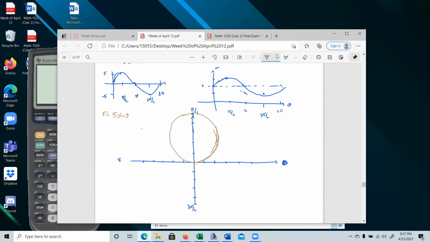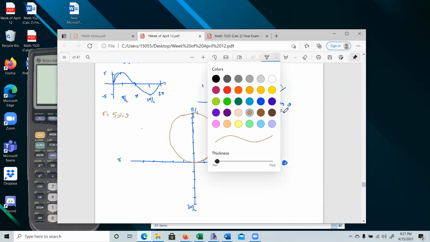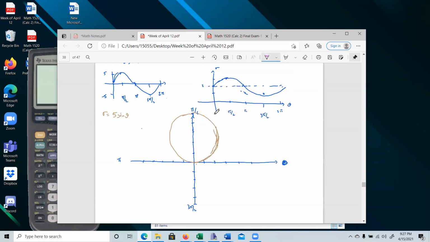Let's come up with a different color. So this will be r equals 2 plus sine theta. Look here, when theta is 0, then r is actually at 2. That's where we end as well. Now, as we sweep forward through the angles, we're going to get all the way up to r equals 3.